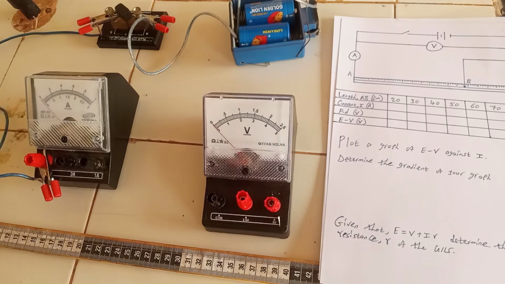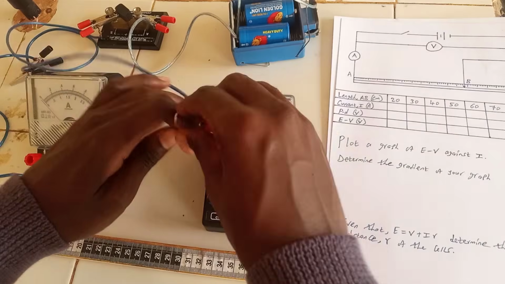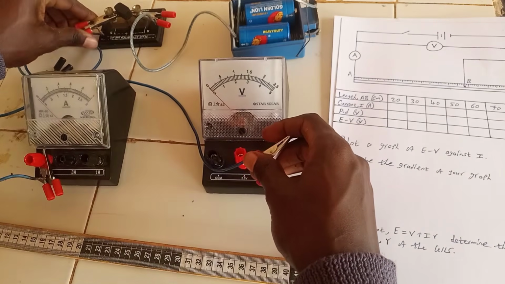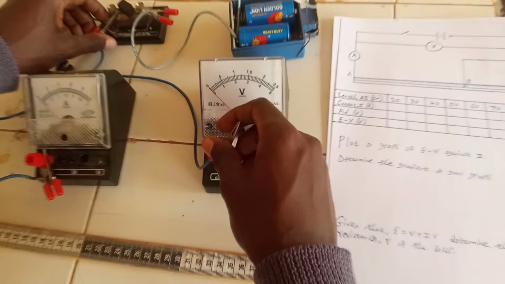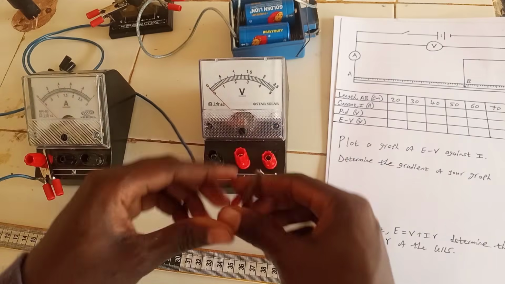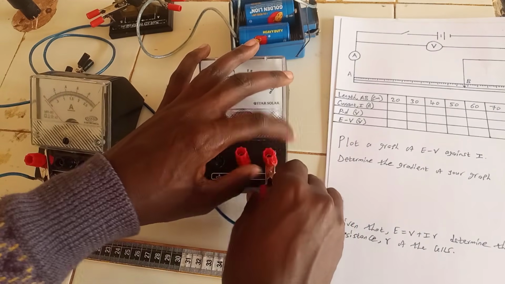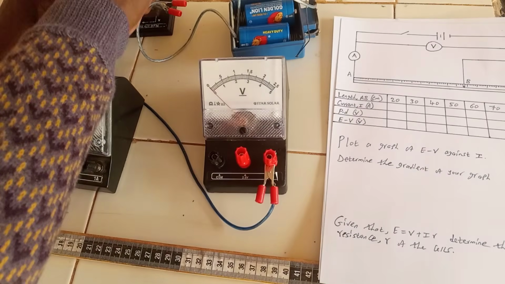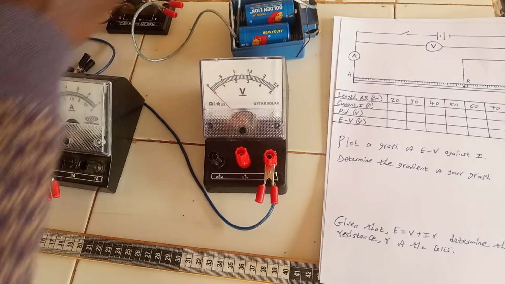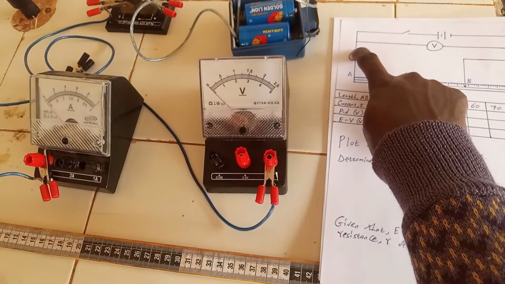And then the remaining one goes straight to the voltmeter, again connected to the positive, at the 5 volt terminal. So we are up to this junction now.